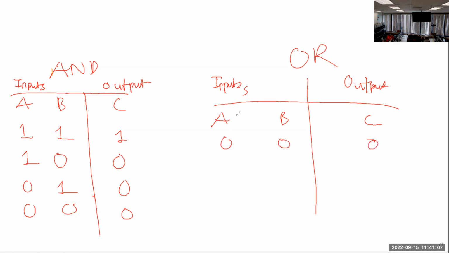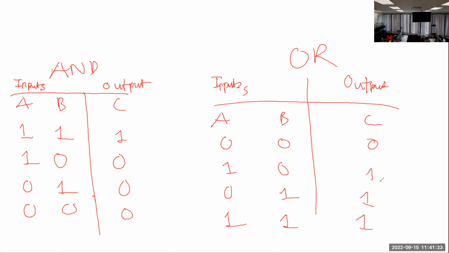In any other case, it's always 1. If one of them is true, you have true. And both of them true, of course, you have true. That is OR logic.